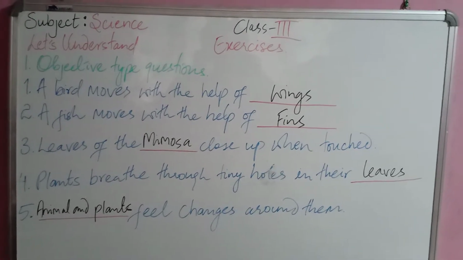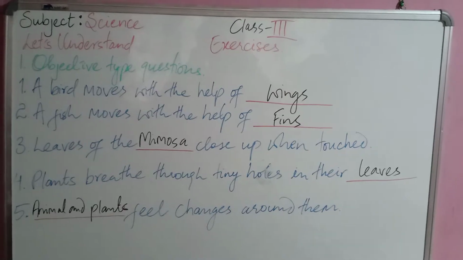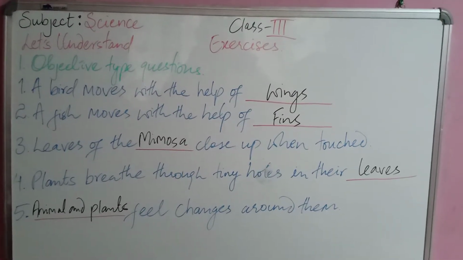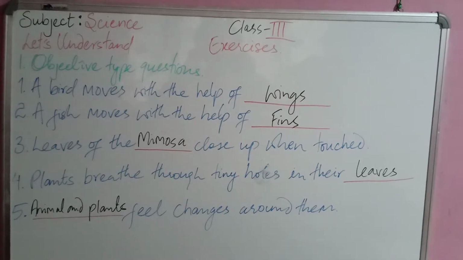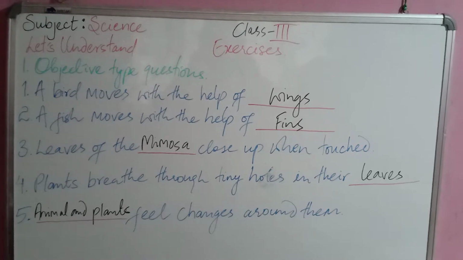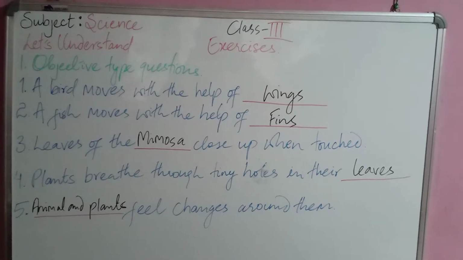Then we have question 4: plants breathe through tiny holes in their leaves. Then question 5: dash feel changes around them. So we have to write plants and animals, and plants feel changes around them.